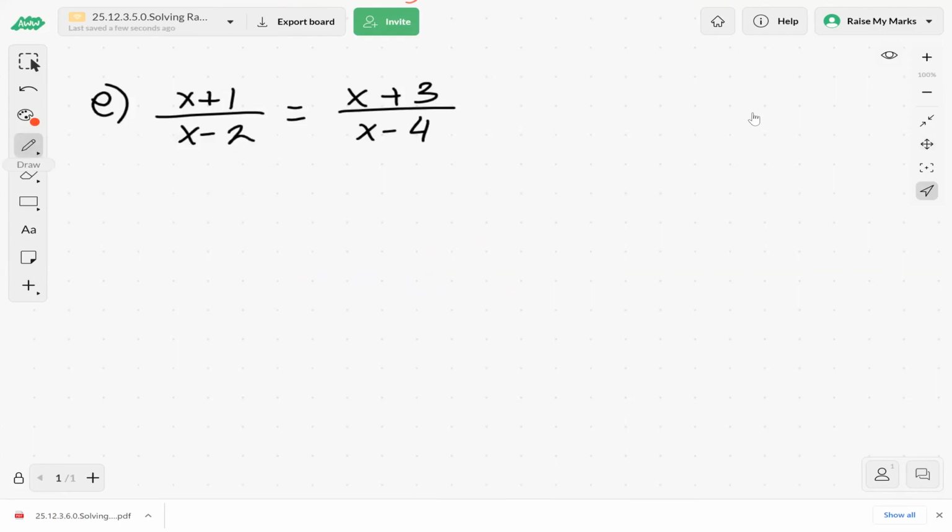We have x plus 1 over x minus 2 equals x plus 3 over x minus 4. Again, the goal is to find x that satisfies this equation. The first step is to try and get the x's in the denominator into the numerator by cross multiplying. So x plus 1 times x minus 4 equals x plus 3 times x minus 2.